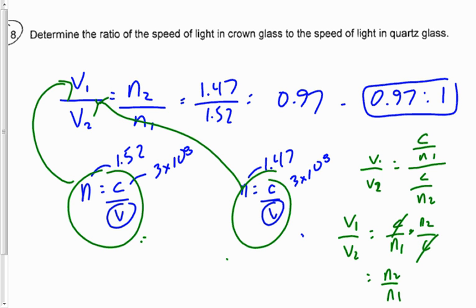How many people did it this way? I got a show of hands already, which is perfectly fine. Anybody think to do it the way that I did it? Yes? Yeah, and it worked out for you, obviously. Oh, you had it backwards? Okay. So you found the ratio of quartz glass to crown glass, but you had the right idea.